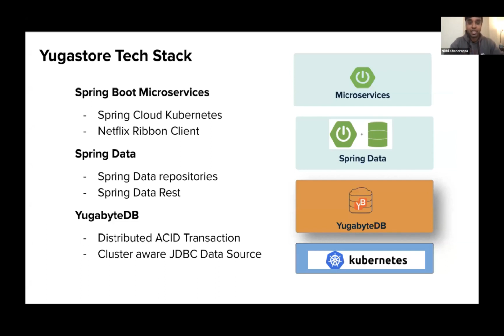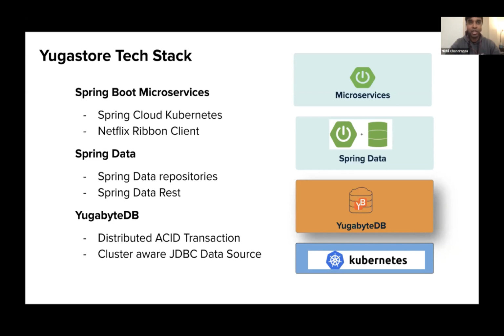If you dissect what each microservice is made of, since we are deploying on Kubernetes, we are using Spring Cloud Kubernetes and Netflix's Ribbon client for service discovery of each of those microservices. We are using Spring Data for accessing the data from the YugabyteDB layer, which provides the repositories, and Spring Data REST, which abstracts away all the boilerplate code.